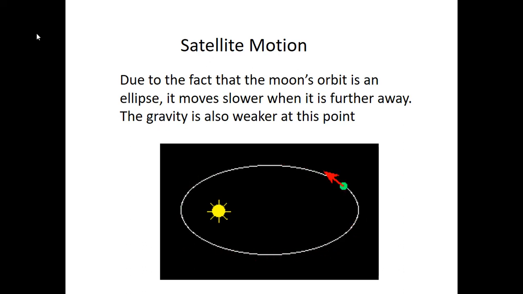It doesn't intersect the circle. So as this satellite goes around the ellipse, the velocity is tangent to the elliptical path. And if the sun were to go away in this case, the object would fly off in a straight line wherever it's at on that ellipse.